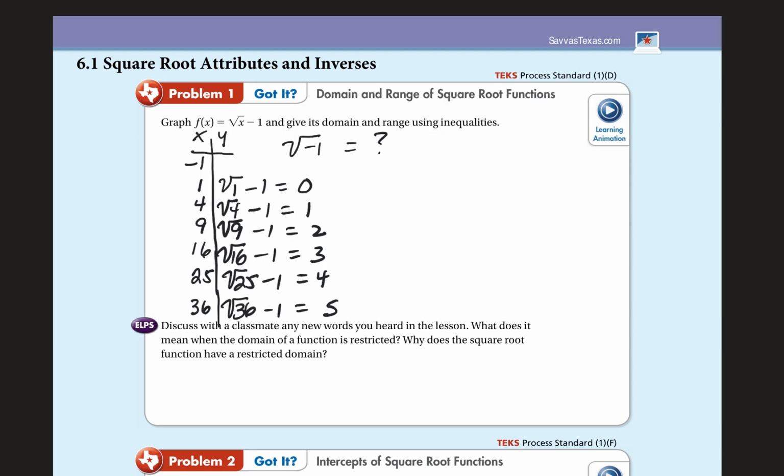So you notice that I'm getting the square root of x here, which is 4, 9, 16, 25, and 36. Going back to the question, can you find the square root of a negative number? The answer is no, it's going to be imaginary.